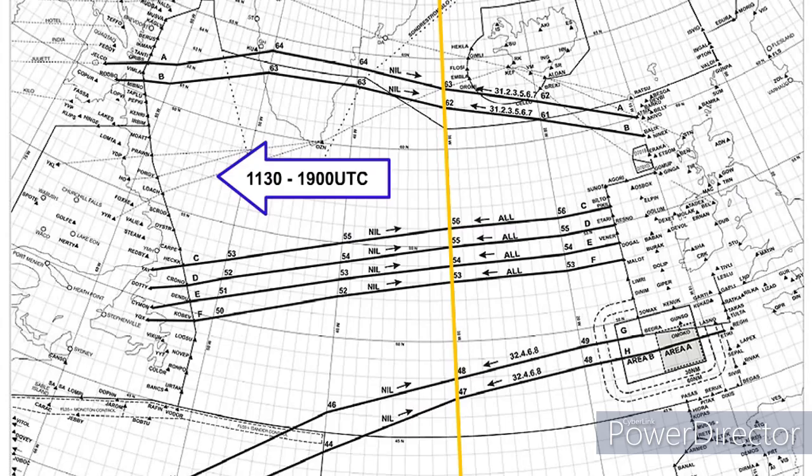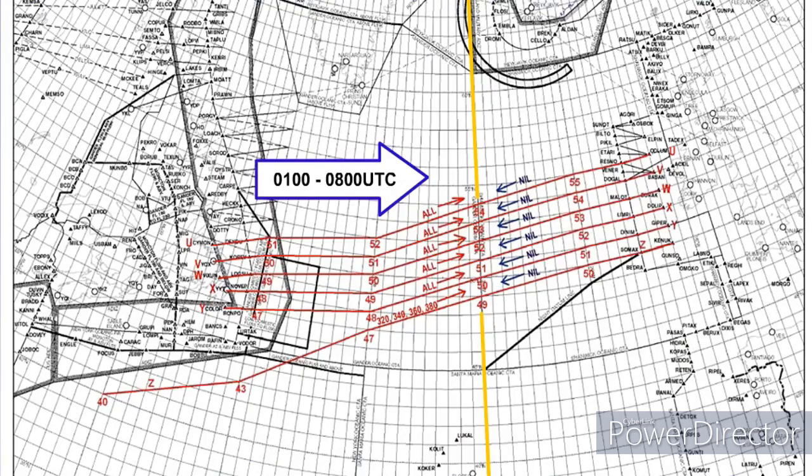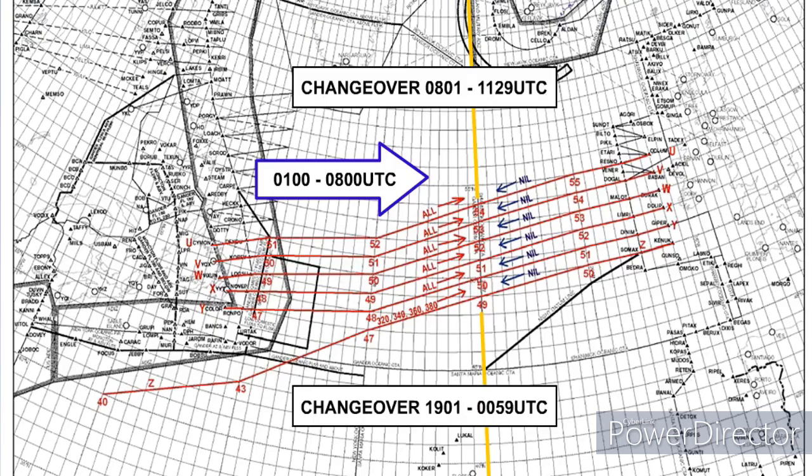The OTS periods at 30 west are 1130 to 1900 UTC for the daytime westbound tracks, and 0100 to 0800 UTC for the nighttime eastbound tracks. The buffer or changeover periods are 0801 to 1129 and 1901 to 0059 UTC.